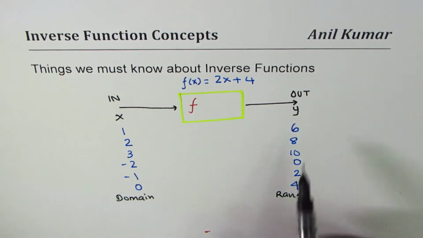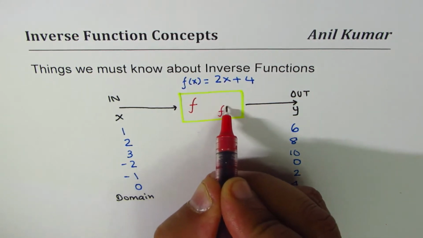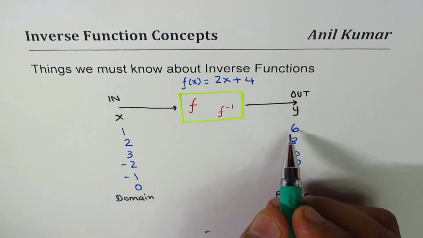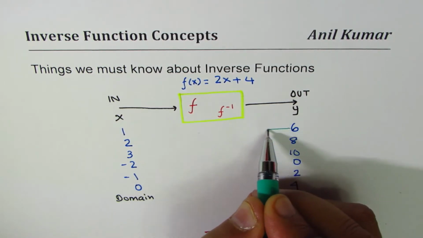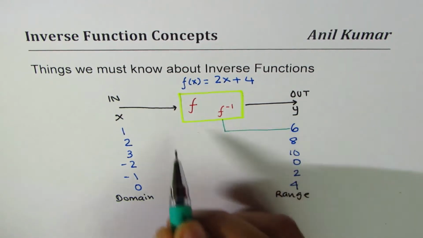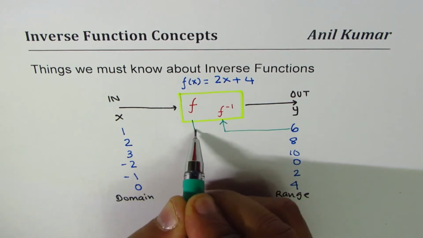Now when we talk about inverse function, we normally represent it by f inverse. The process is kind of reversed. That is to say, we'll send an input from this side, which was the output. Let us say if I feed in 6 through the box, then what I get here as an output should be 1.